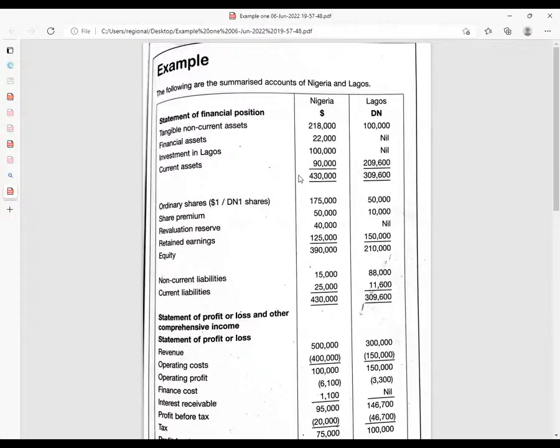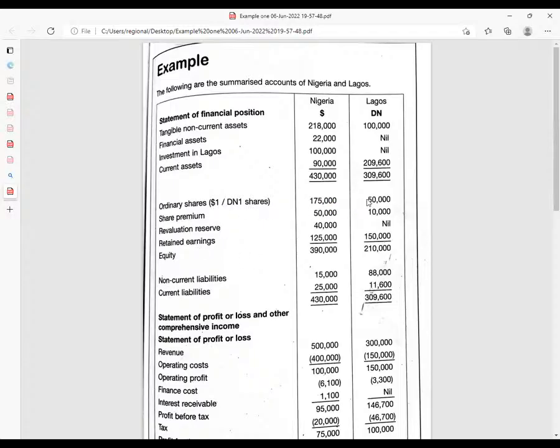Equity and liabilities, we start with share capital. What do you know about share capital, my good students? We only pick one. These are the free marks I'm talking about. For share capital, always pick the one of the parent.